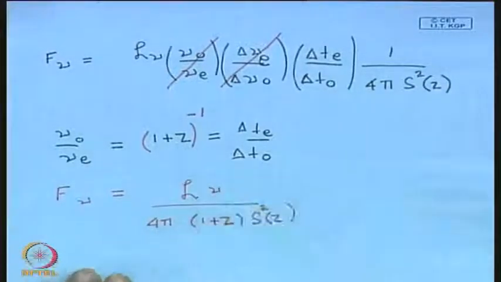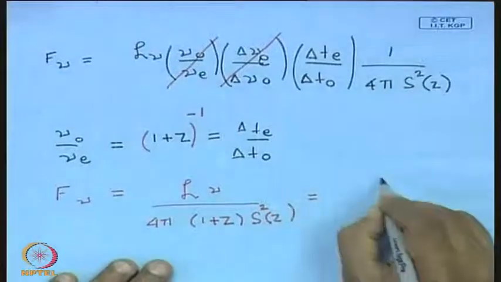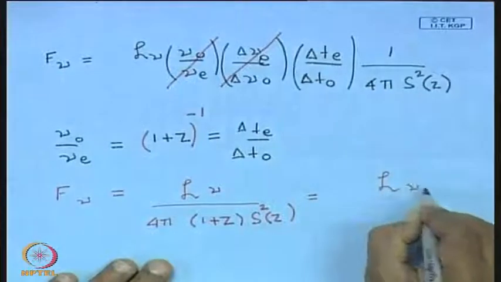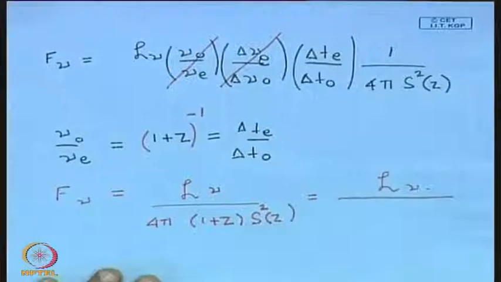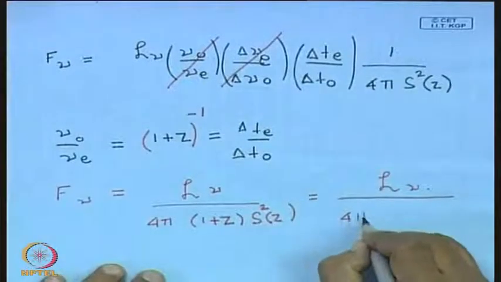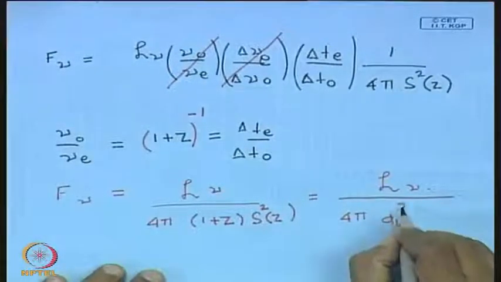Okay. Compare this with the definition of the luminosity distance. This is 4 pi dl square z.